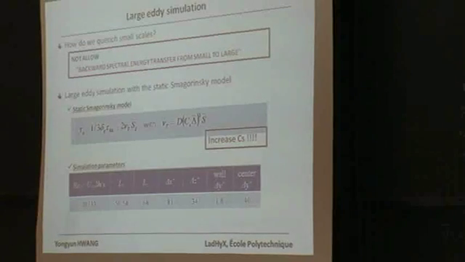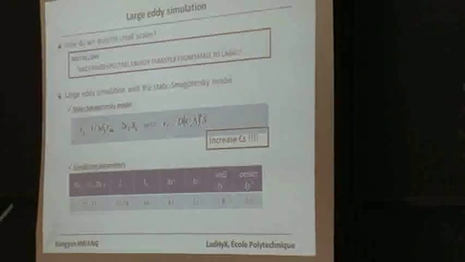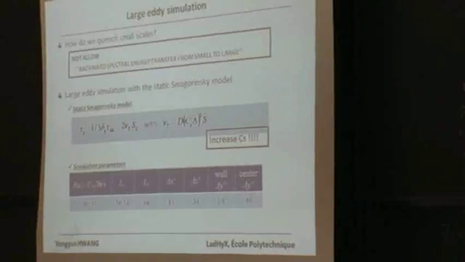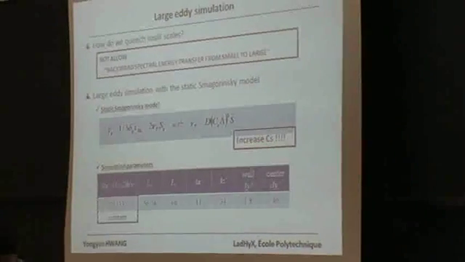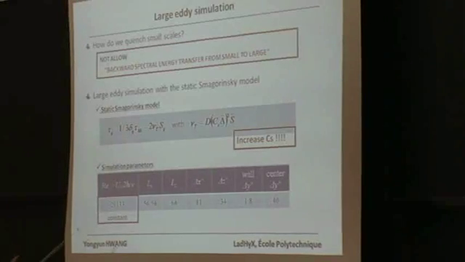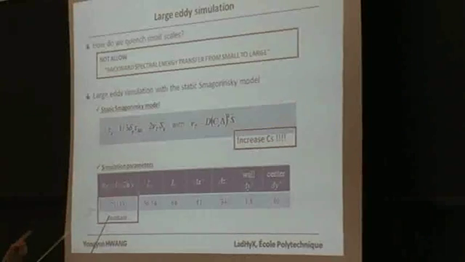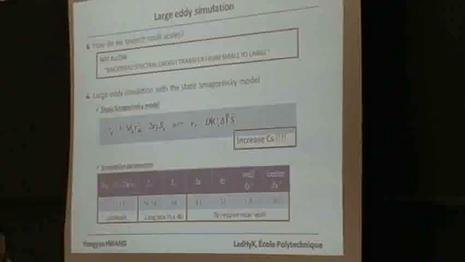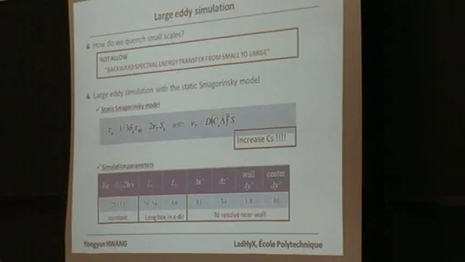With this in mind, we consider large-eddy simulations. These are the simulation parameters. We keep the mass flux constant, so the Reynolds number based on the bulk velocity is constant during the simulation. We consider a very large box in the streamwise direction, and we put enough grid points to resolve the near-wall cycle.